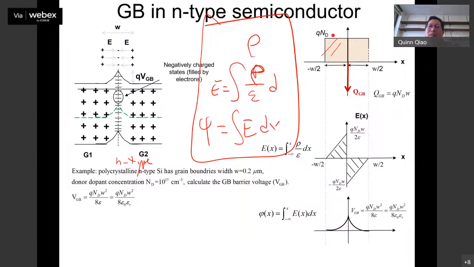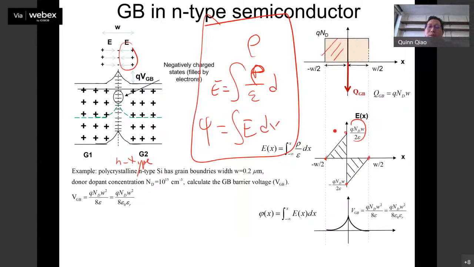The area is qN_D multiplied by half W, divided by epsilon, because you integrate rho and then divide by epsilon. The maximum is there, and you increase from 0 to there inside the junction. Then suddenly everything moves down because it goes opposite, shifts down to negative, and then slowly comes back down to 0. That's the electric field distribution.